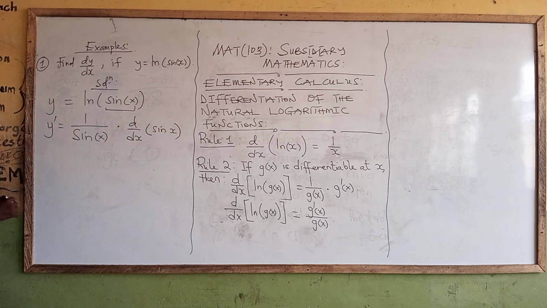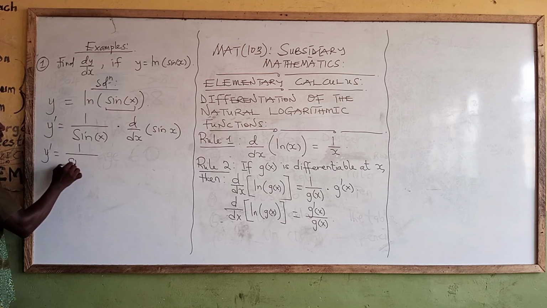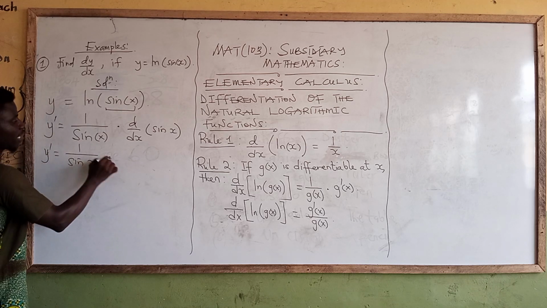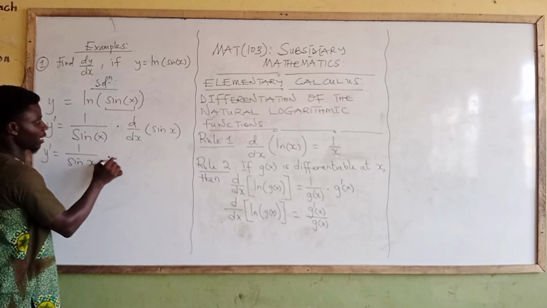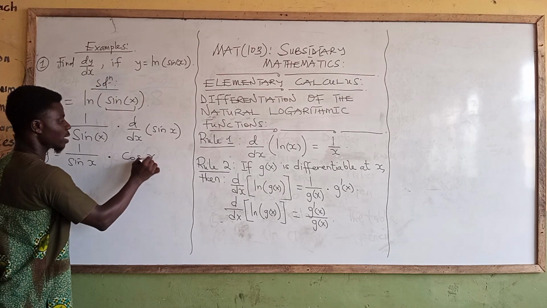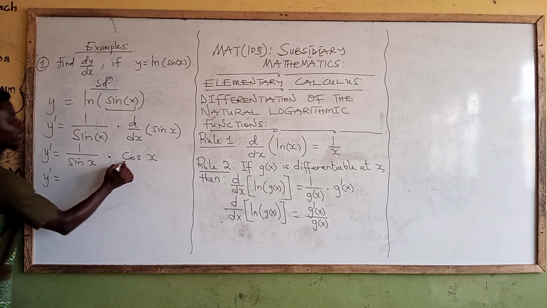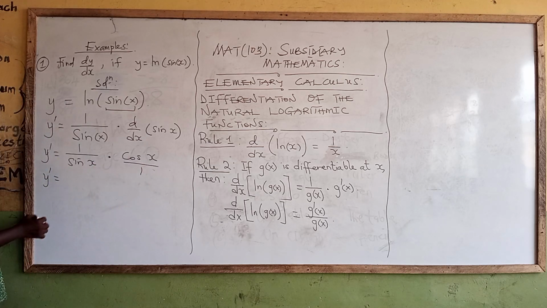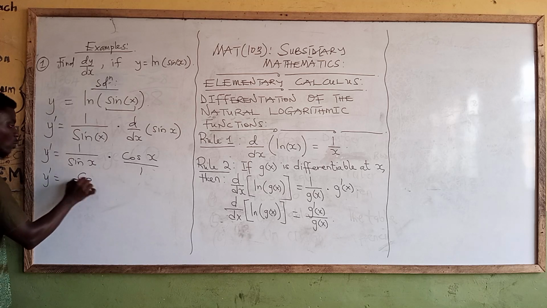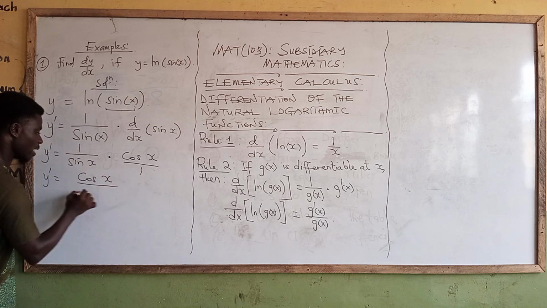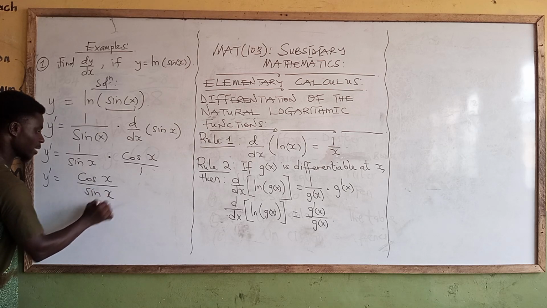So I get y prime equals 1 over sine x times the derivative of sine x, which is cos x. This one is over 1, we multiply the numerators and the denominators, so we get cos x divided by sine x.